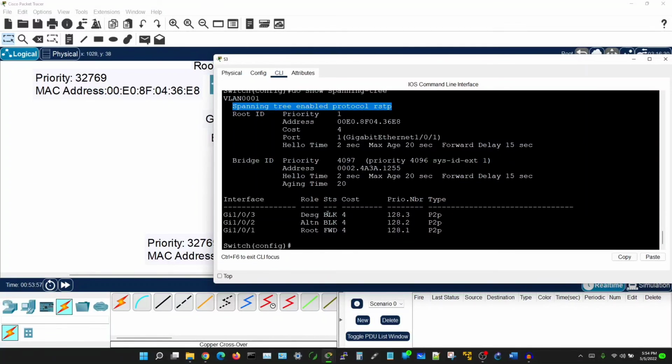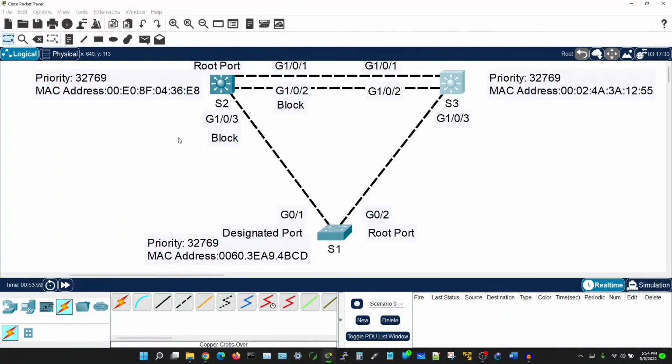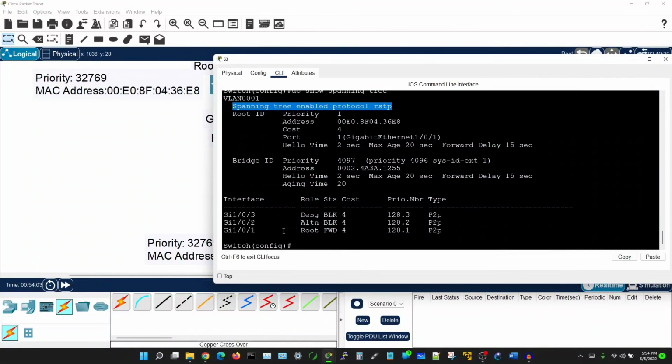Now I have the same thing that I had before on S2, blocking on 2 interfaces and forwarding, having this interface acting as the root port.